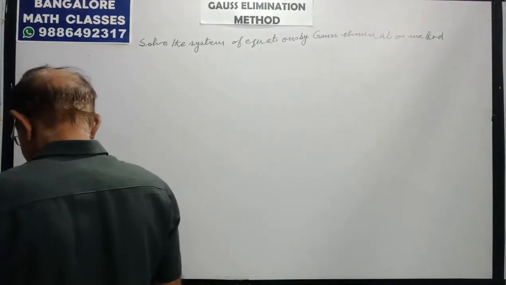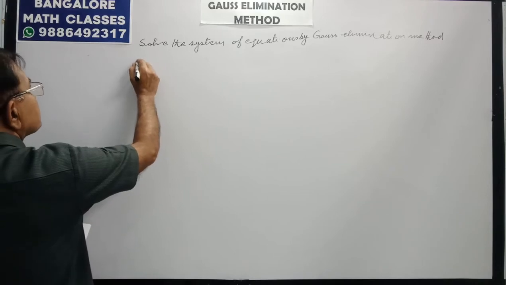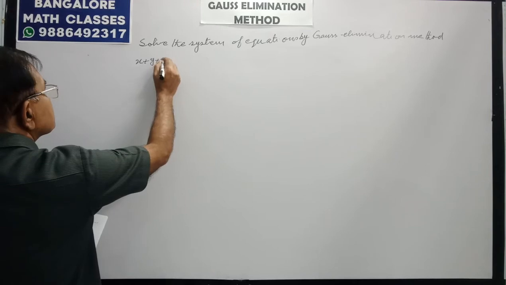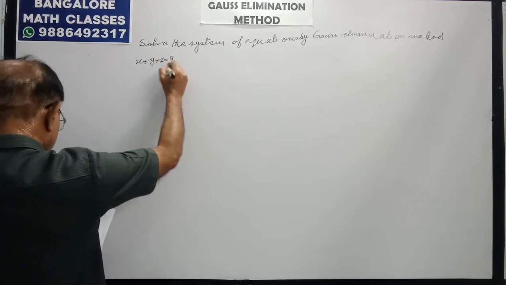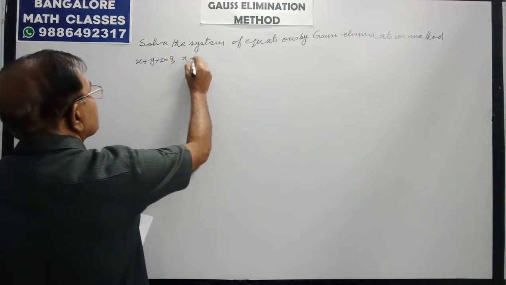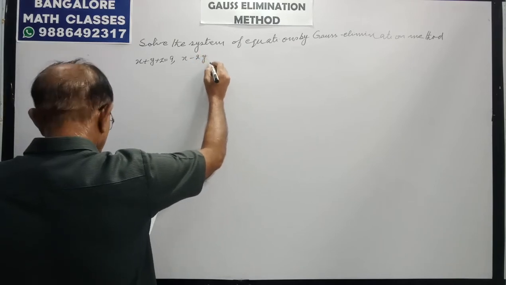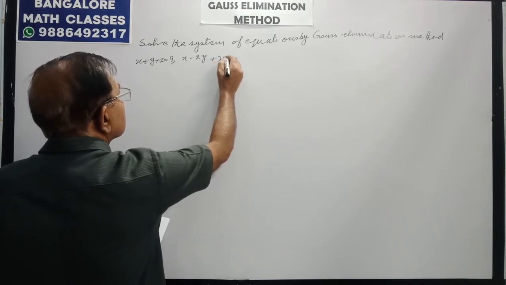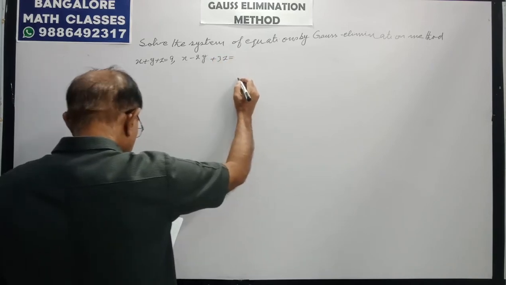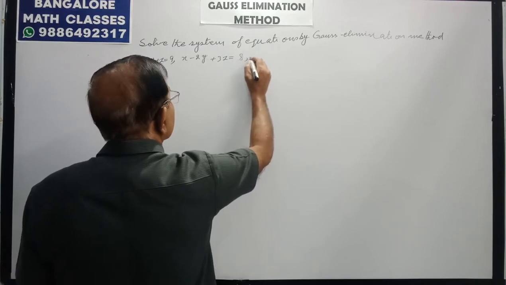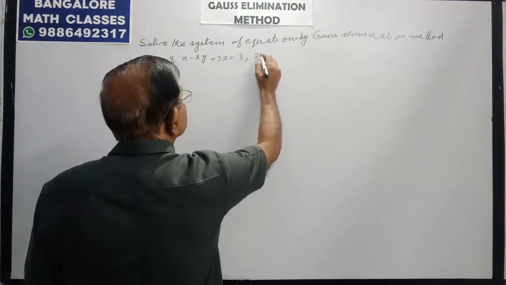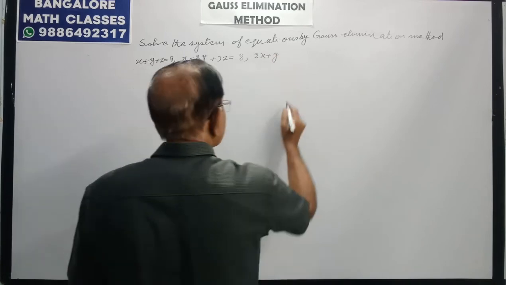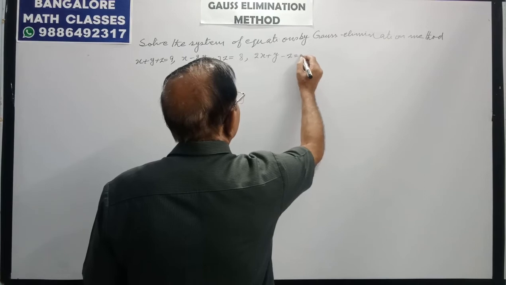The system is x plus y plus z equals 9, x minus 2y plus 3z equals 8, 2x plus y minus z equals 3.